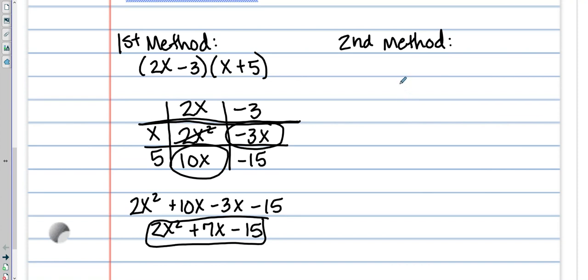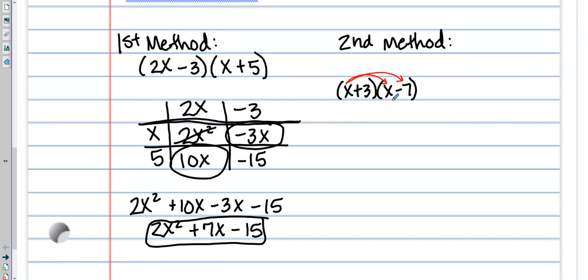A second method is using the distributive property. Okay, so I'm going to give you a different problem. Let's say, for example, I have x plus 3 times x minus 7. To use the distributive property, I'm going to start with x first, and we're going to distribute the x into each part of the binomial here.